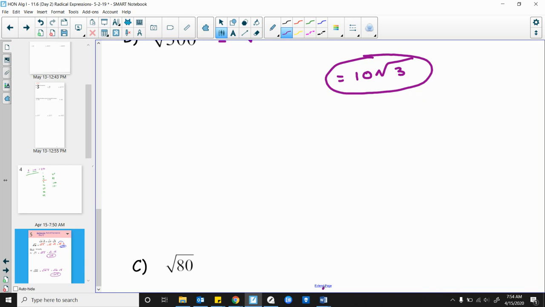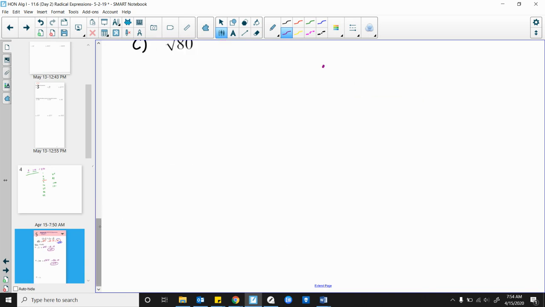Square root of 80 now is a little bit interesting. If we think of something that will multiply to get us 80 with a square root, there's two different ones, but the one I'm going to pick is 20 and 4.